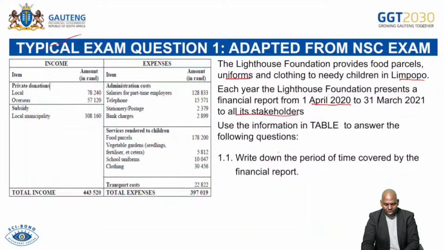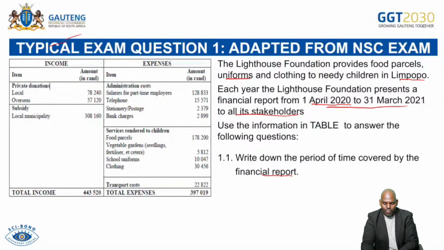1.1, write down the period of time covered by the financial report. So in this case, we have to use the information as well as the table. The period is actually not indicated in the statement there, but it's indicated that it's from the 1st of April 2020 to 31st of March 2021.